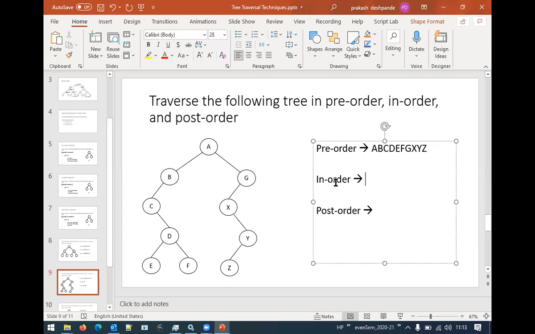Now should we read C first? No. Where should we go? Left. Now is there anything on the left of C? No. Means we need not read the left part. After the left is done, what has to be done? Root. Middle. What is the middle there? C. So first C we get.